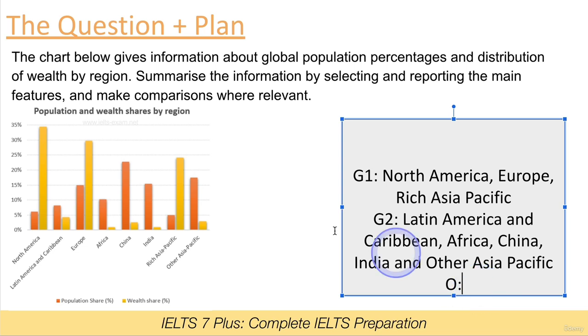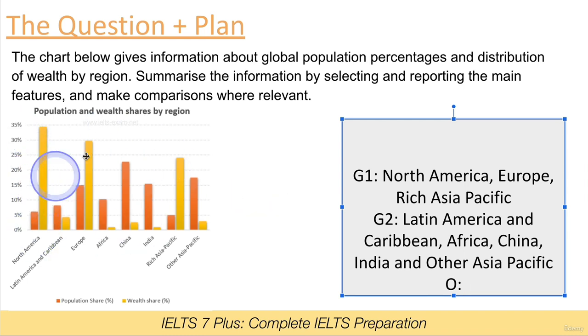Okay, so I'm going to split it up like that. Now, of course, there's 3 regions for group 1 and 5 for group 2. So it's not balanced, there's not the same amount in both, but that's okay. I'm going to show you that we can still group them together. That's no problem.